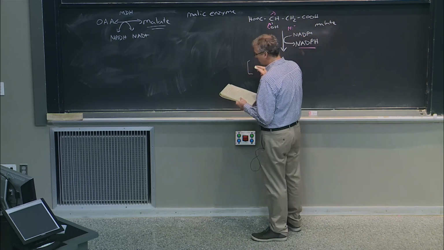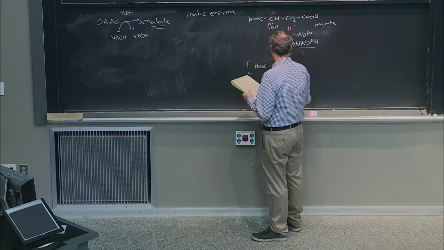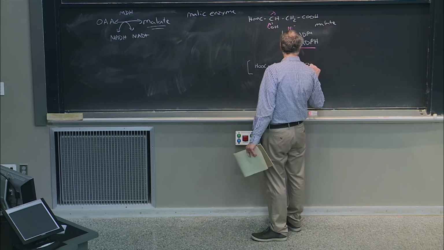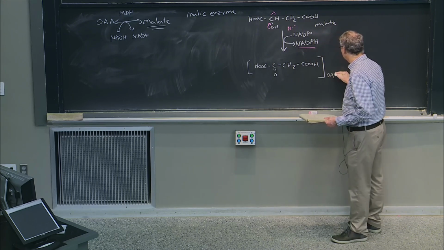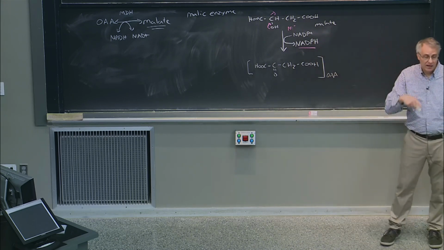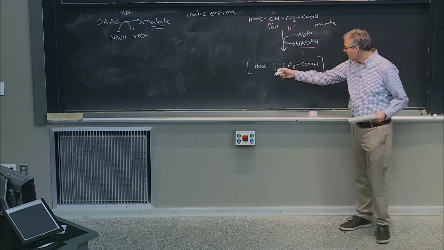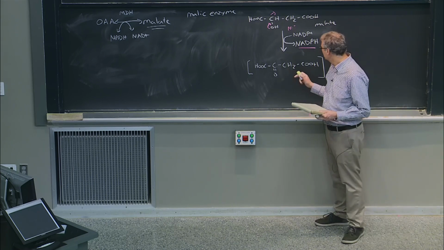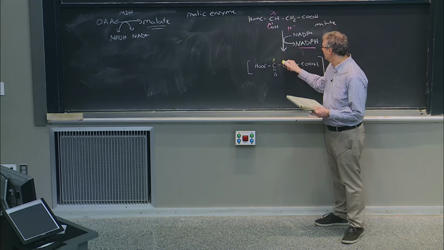So what does this generate? Well, this generates, again, all I've done is regenerate oxaloacetate. Okay, so this is oxaloacetate. But it turns out this oxaloacetate is retained on the enzyme. And remember, oxaloacetate is a beta keto acid. Acid group, alpha, beta.